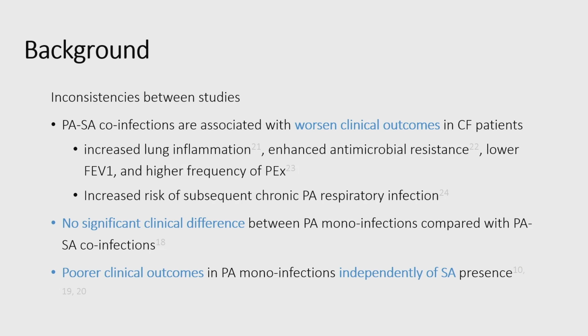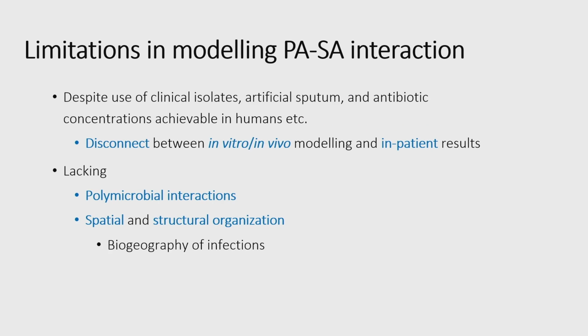And there are also studies showing poor clinical outcomes in PA monoinfections independently of SA presence. There's clearly a modeling disconnect. Despite the use of clinical isolates, artificial sputum, and antibiotic concentrations that are achievable in human lungs, there's a disconnect between in vitro and in vivo modeling and in-patient results.